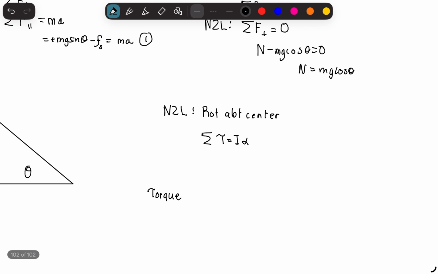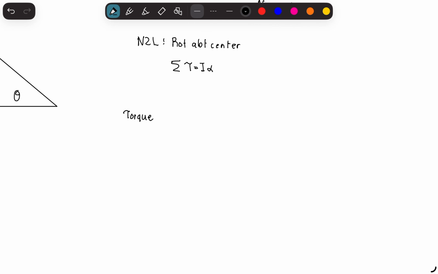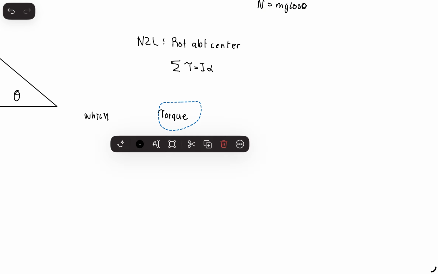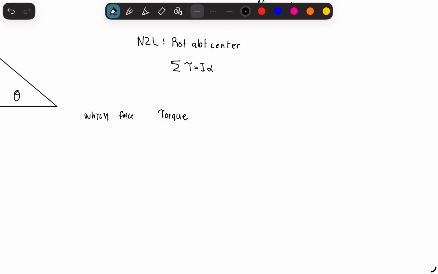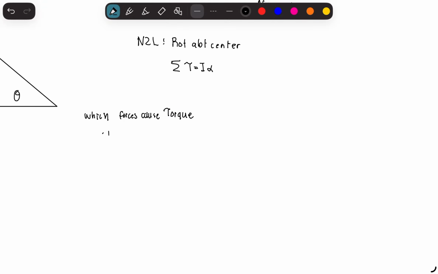Now for torque, we are going to have rotation about the center. So we have to ask ourselves, which forces cause a torque? In our scenario, that's not going to be Fg, because it acts at the center.